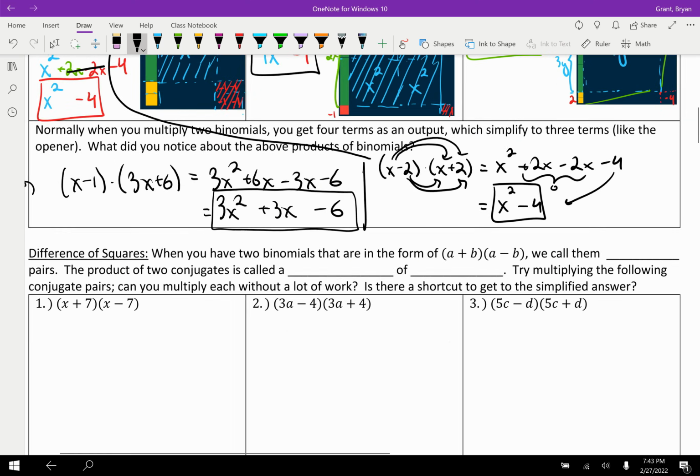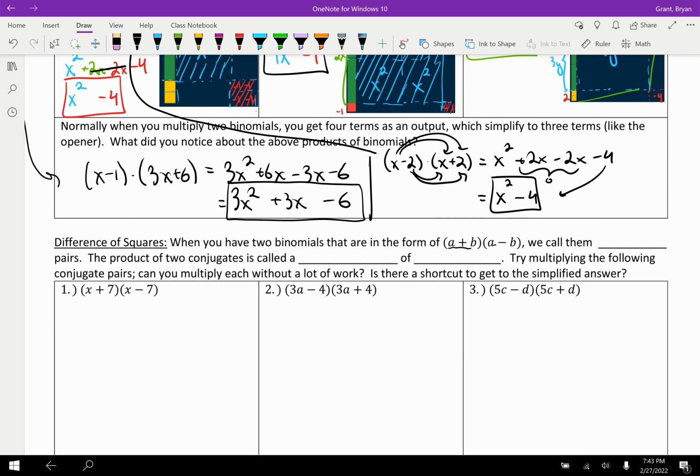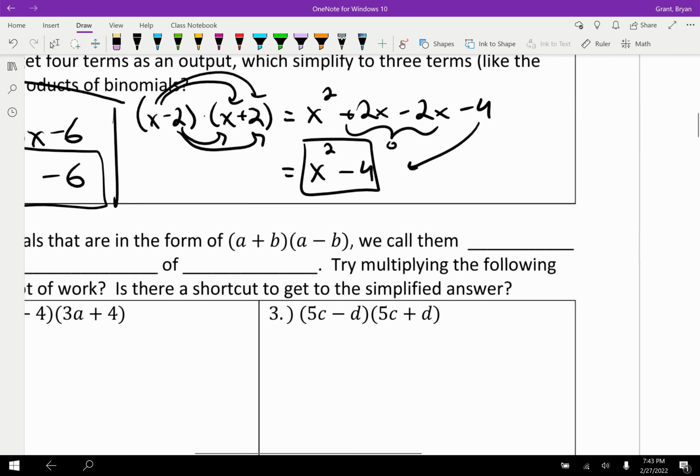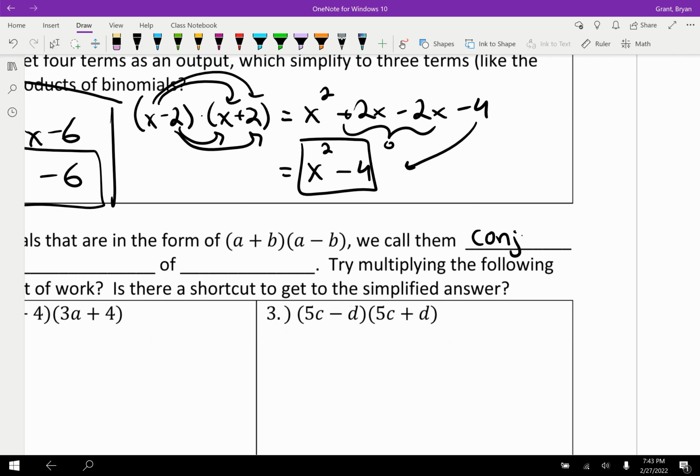So this pattern, something that we'll need to recognize, occurs when you have two binomials where one is a plus b and the other is a minus b. Whenever you have an a plus b and an a minus b, we call those, and here's a fancy math word for you, conjugate pairs.